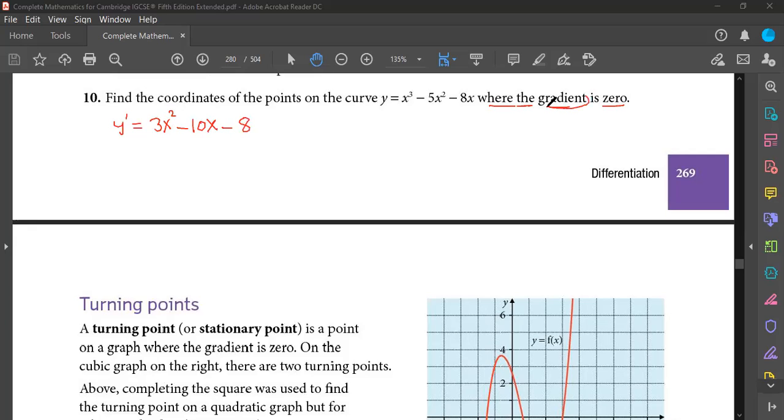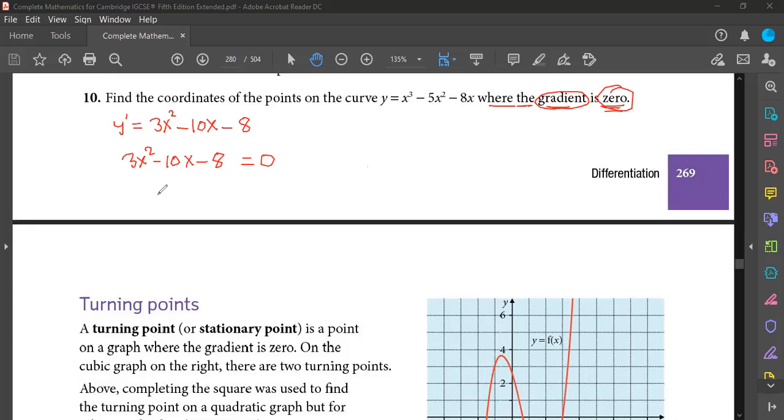And what is the gradient in this case? 0. So what do we put equal to 0? 3x squared minus 10x minus 8 equals 0, because they say that we need the values of x when the gradient is 0.